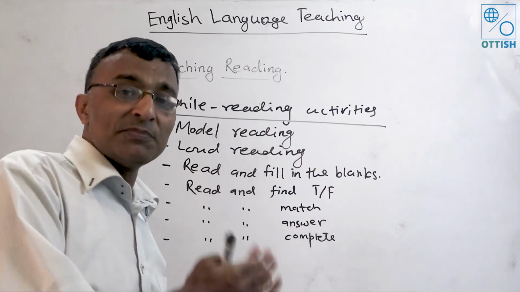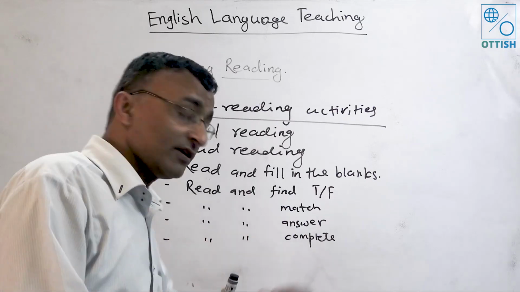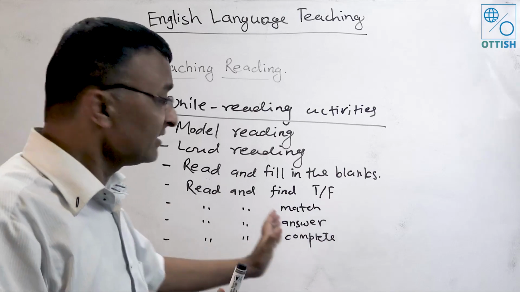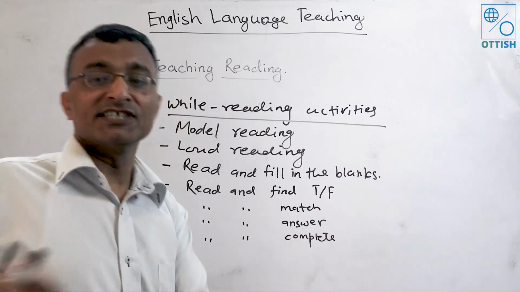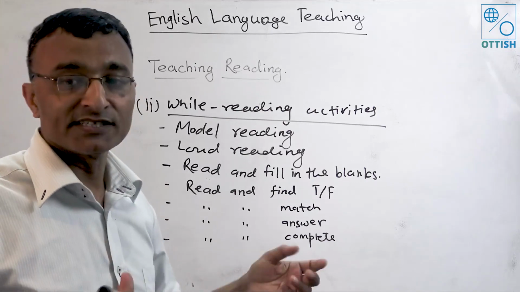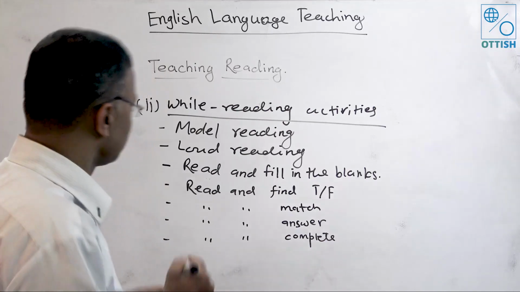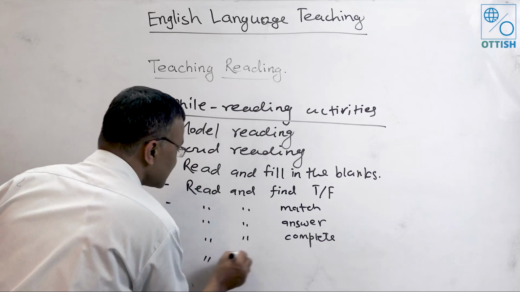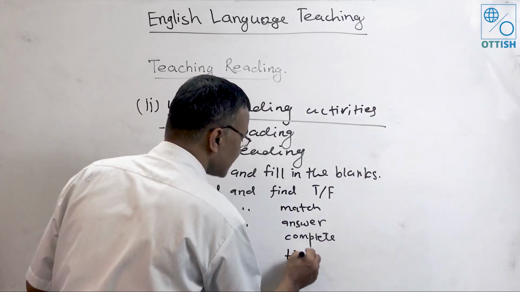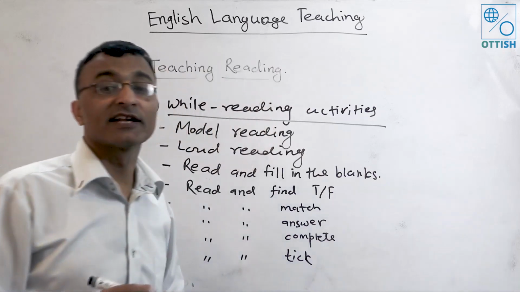And complete. Incomplete sentences can be given. For example, the Dharahara is in ... If left, it is an incomplete sentence, and the students have to complete it like this. And tick. Multiple choice items can be given, and the students are asked to tick the correct one.